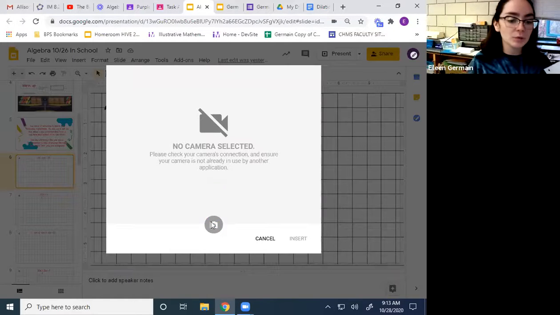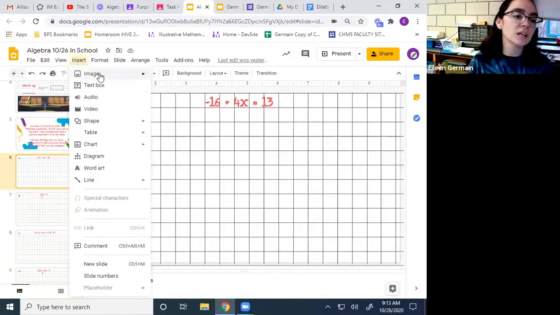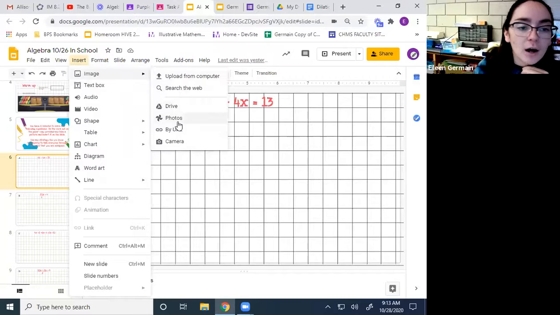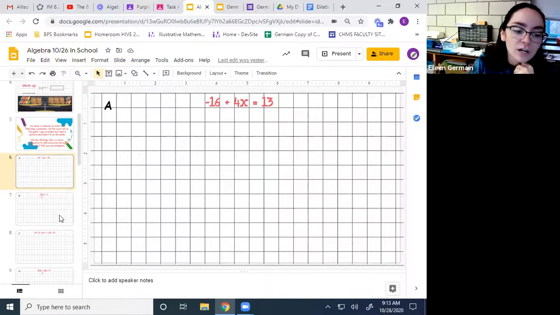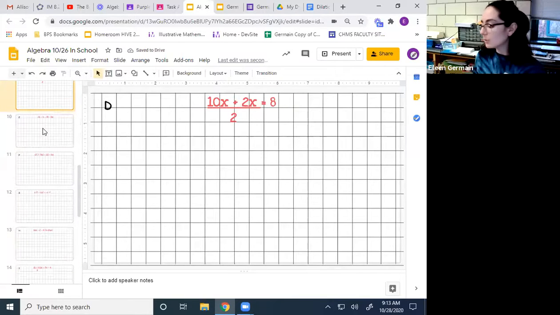So, for example, we have A. I don't know why it's not letting me use my camera right now, but you're going to take a picture of your work and insert it in here. You're going to insert on each one of these slides pictures of your work, whether you did the work in a notebook or on the slides.